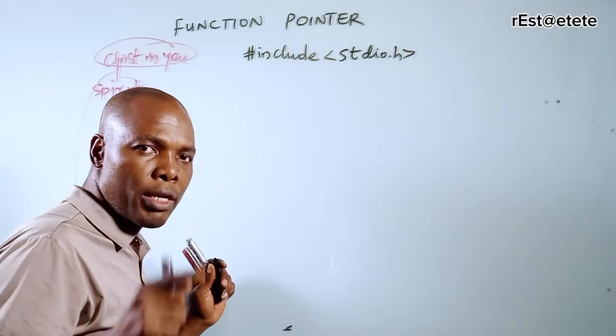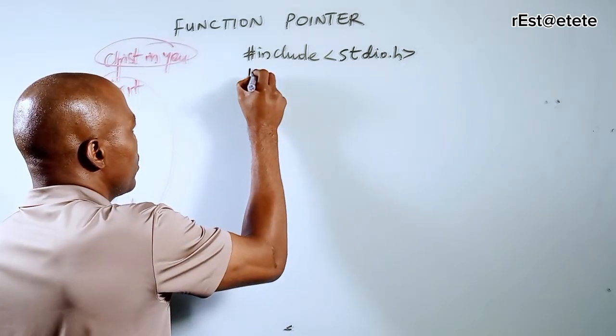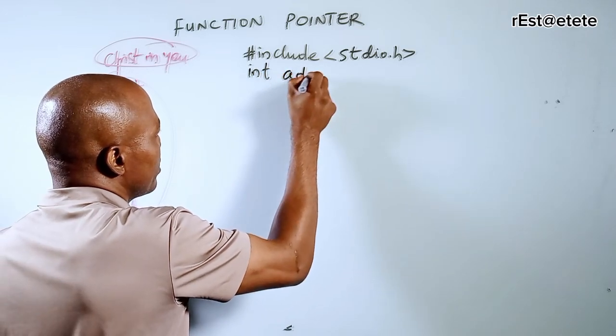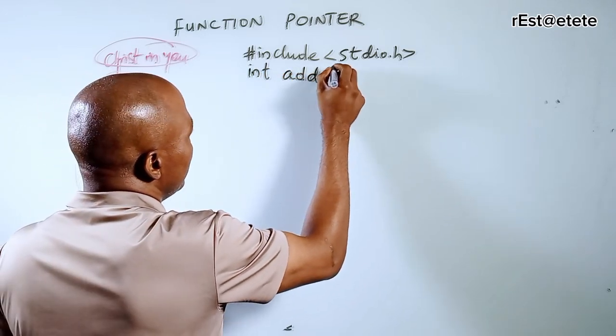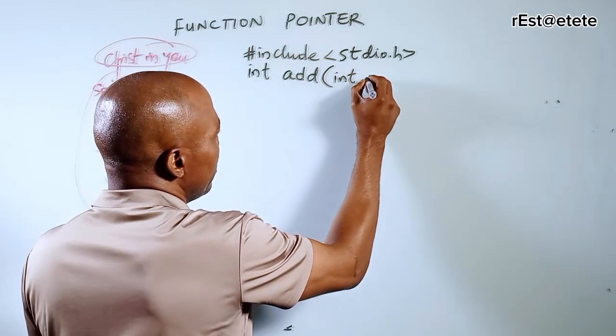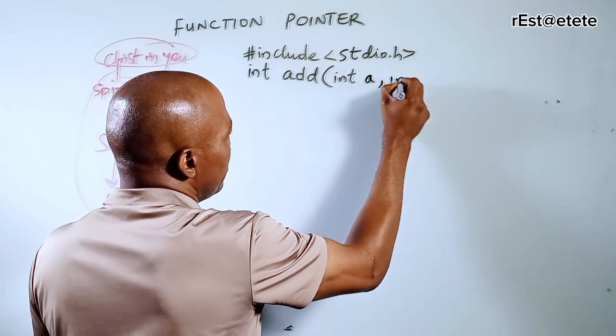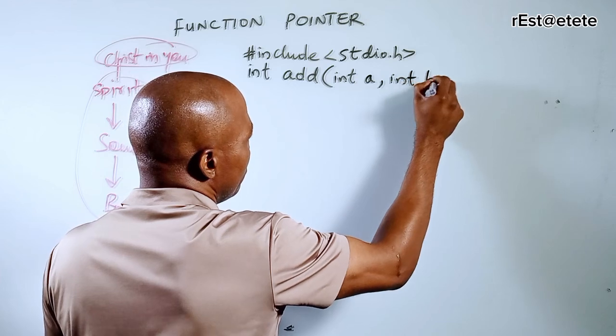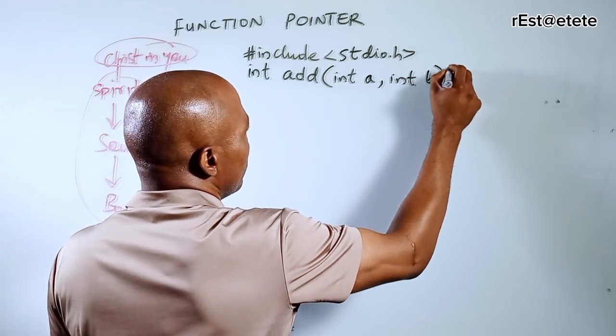So I'm going to create a function, and the function will return an integer. So I'll call it add. And then this function will expect two parameters. So int a, int b. So I'm going to close this.